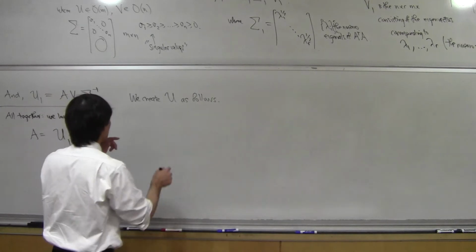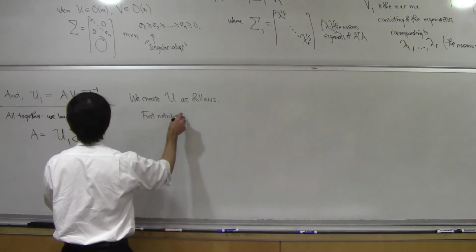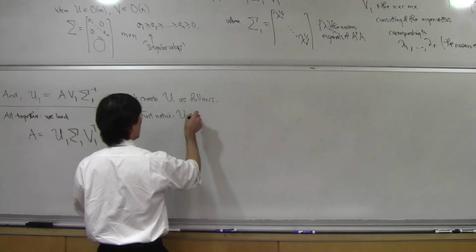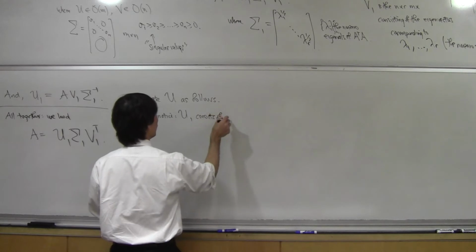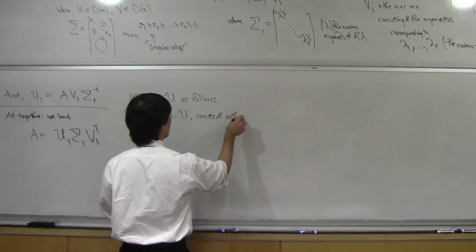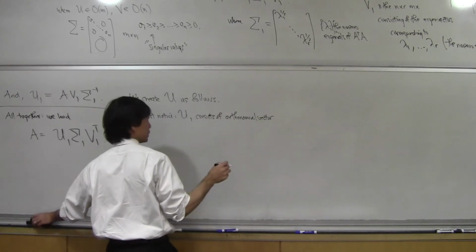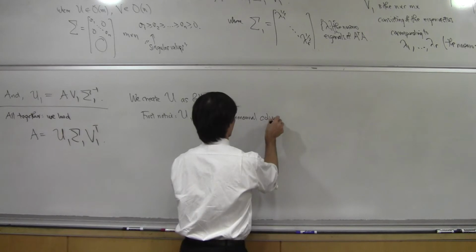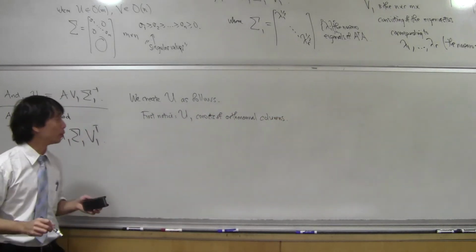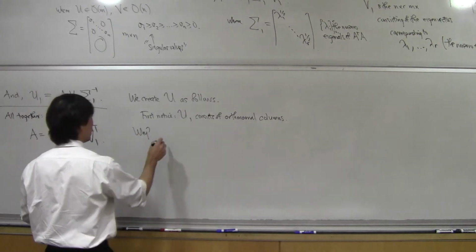So first notice that U1 consists of orthonormal columns. Why? Let's think about it.